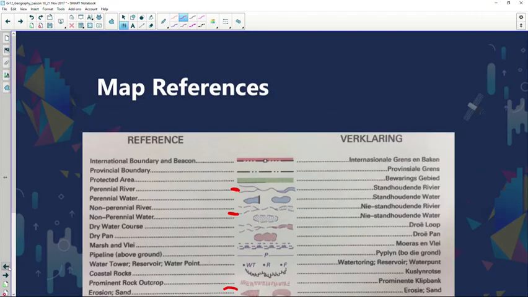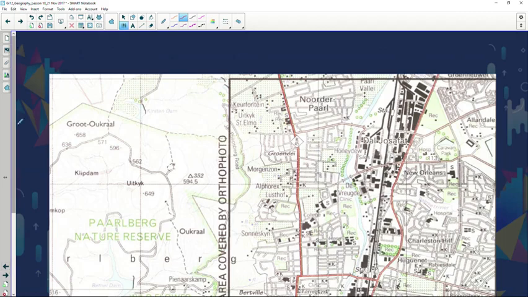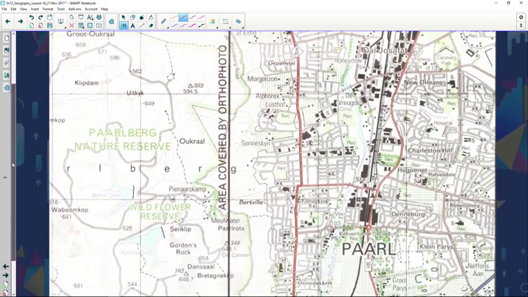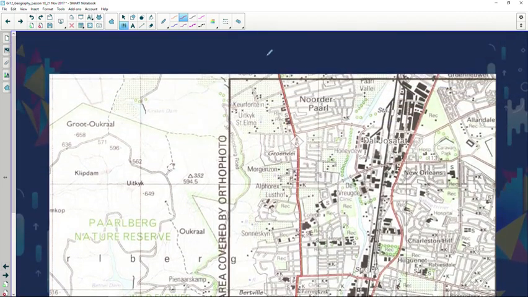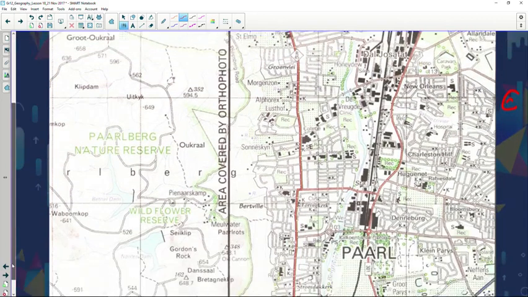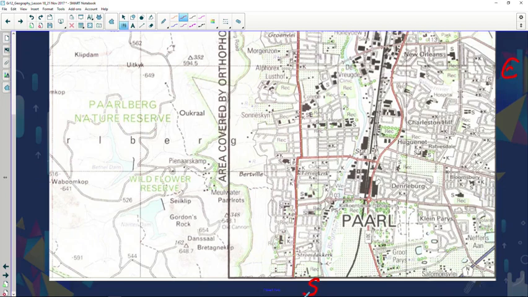Now very importantly, if we go back to this section over there, once again keep in mind north is on top of this section. Now remember to calculate or determine your direction.